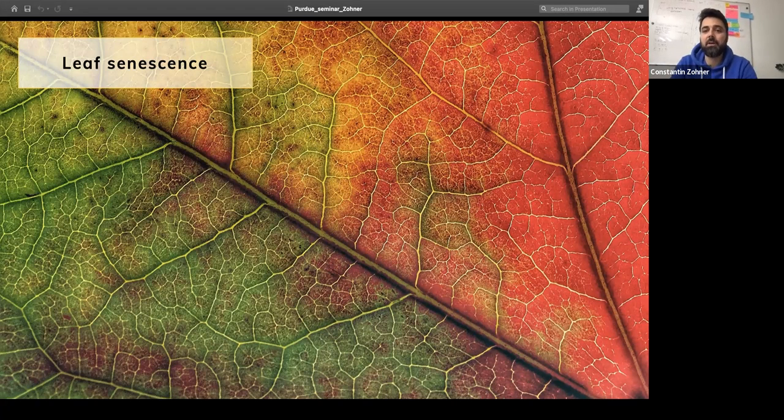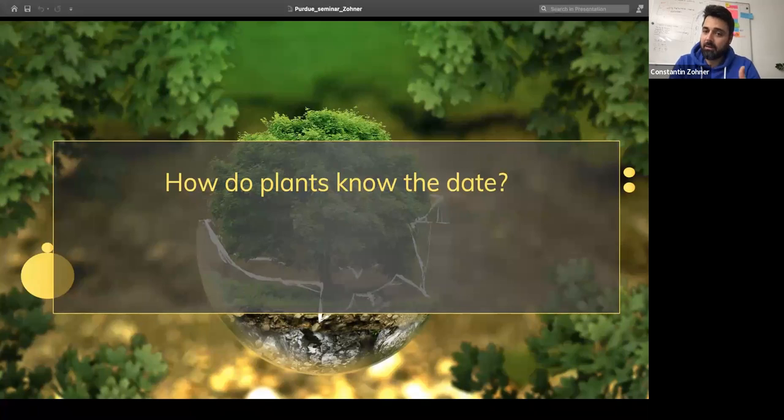There's a lot of things going on. And usually what we see is the end result when the leaves are already developing these beautiful yellow or red colors. But the main question is still, how do plants actually know when to initiate all these processes? And one thing that of course comes to mind is temperature.